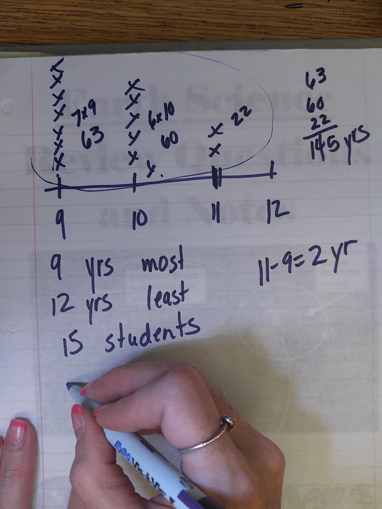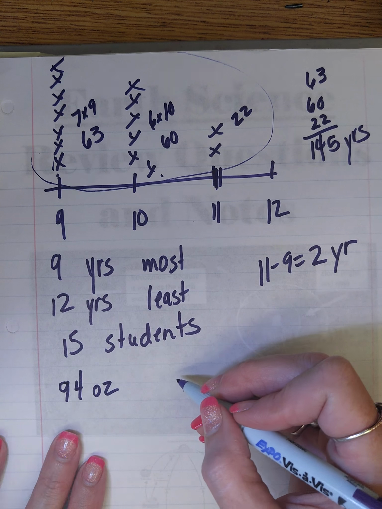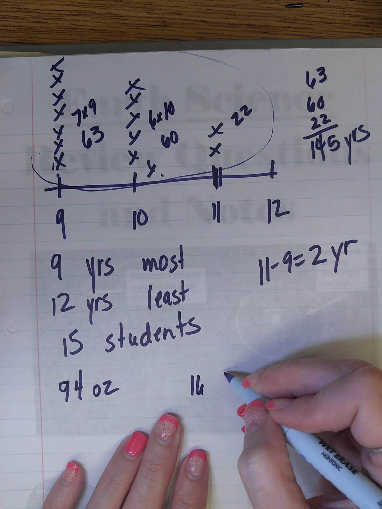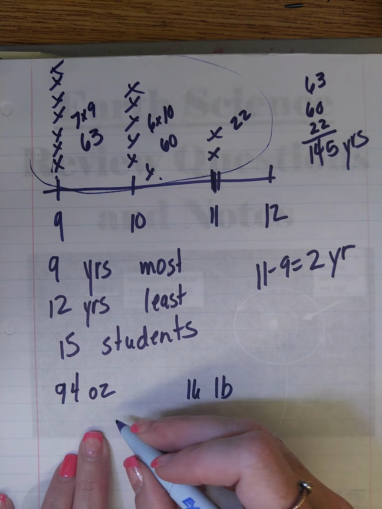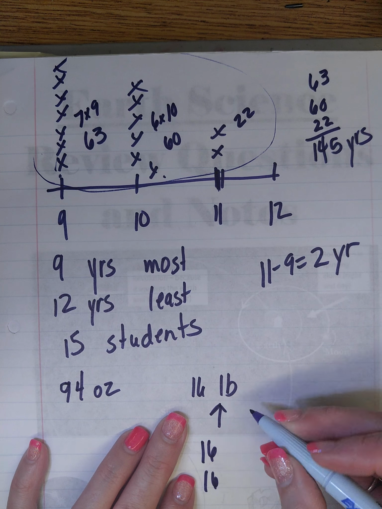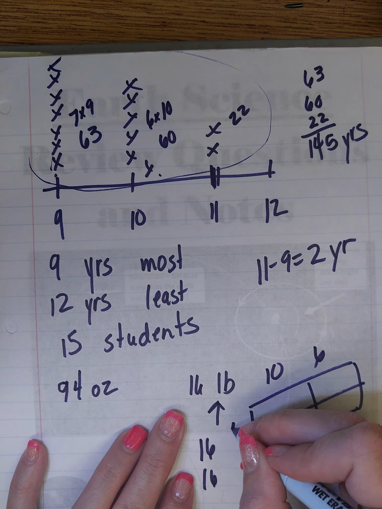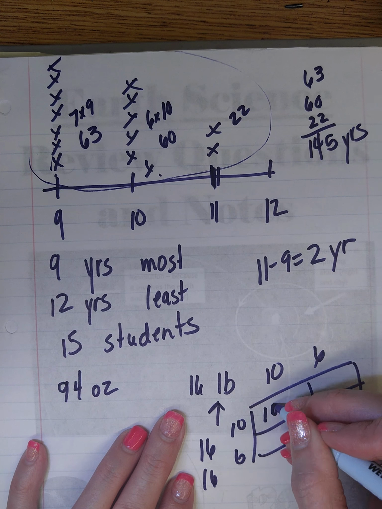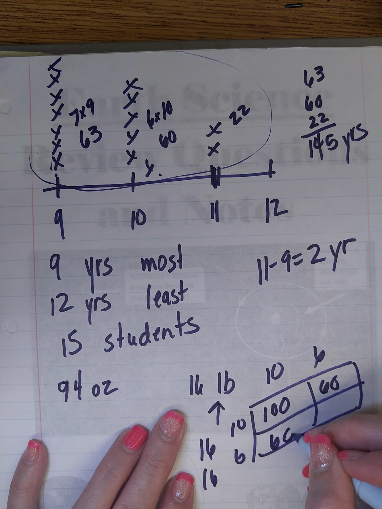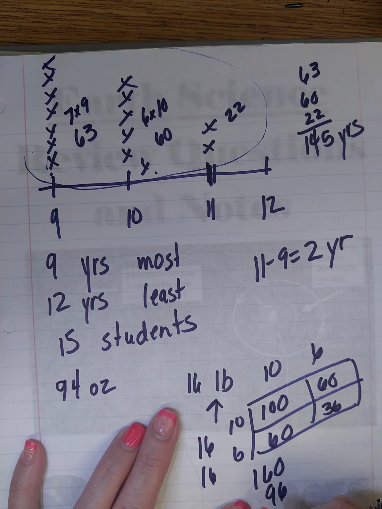units. So let's say I have 94 ounces and 16 pounds, which is bigger? I have ounces, I can leave. I would change this. So 16 times 16. I'm going to use my partial products. 10 and 6 and 10 and 6. 100, 60, 60, 36, 160, and 96.